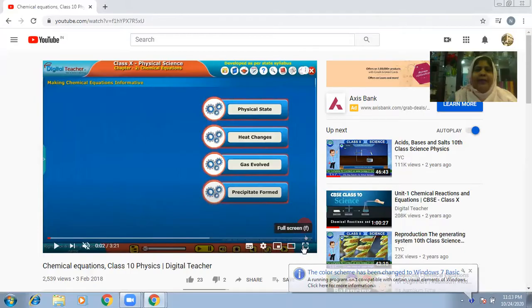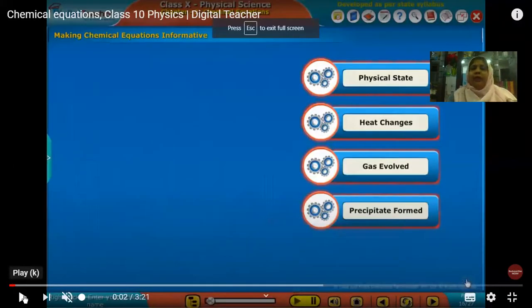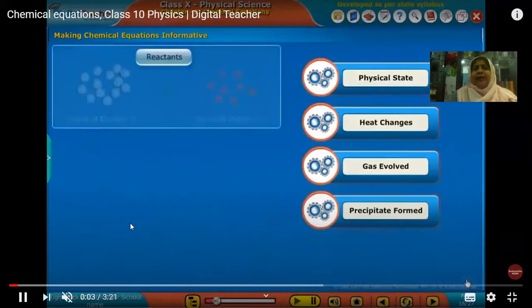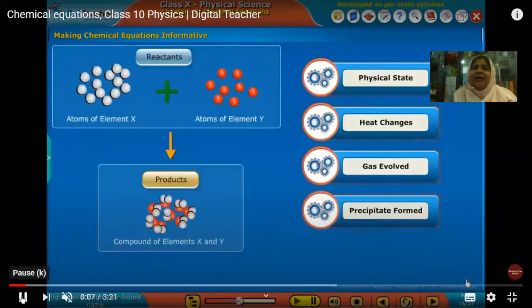Okay, let's see what happens here. Whenever elements or atoms are reacting with each other, for example, element X is combining with element Y and giving rise to a new product, XY.